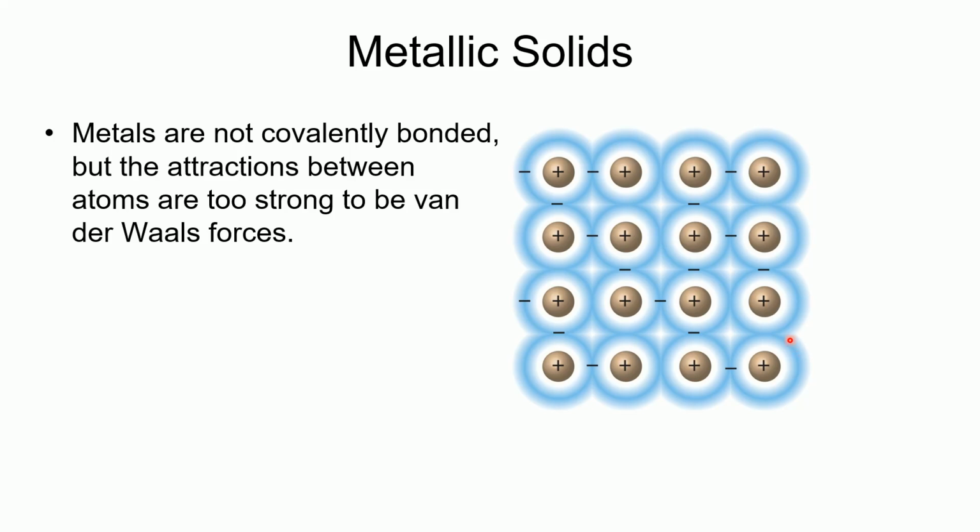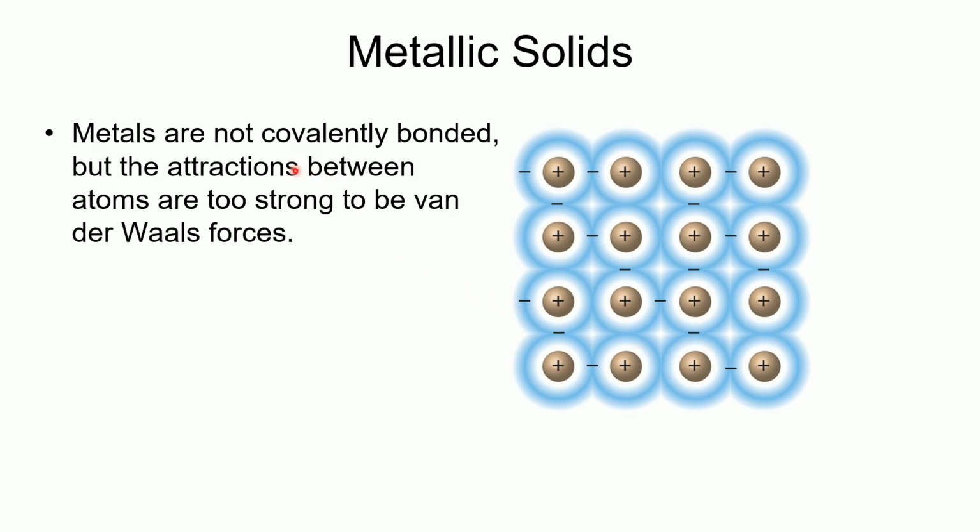All right, one last little topic here is talking about metallic solids. Metallic solids are different than covalent bonds, they're different than ionic bonds. So the electrons aren't transferred, and it's not like the electrons are shared between two adjacent atoms. The electrons are shared among all of the atoms.